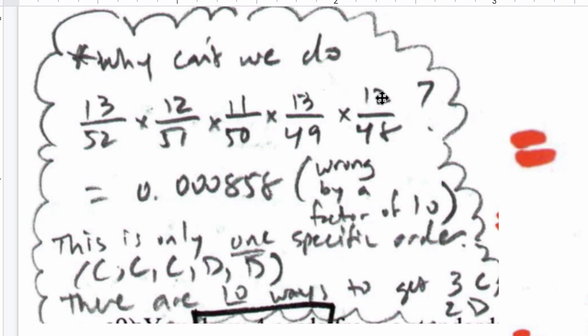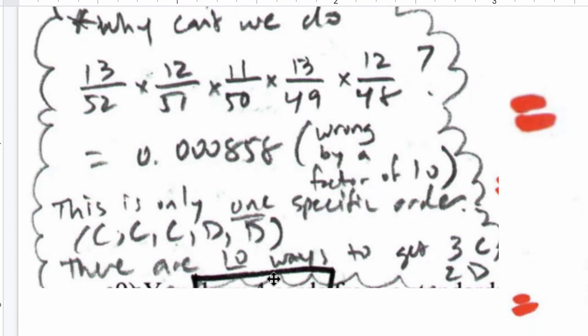There's 48 cards left, there's 12 left. And that would give you a number that's smaller. Why doesn't that work? The reason that doesn't work is because that's giving the specific order club, club, club, diamond, diamond. We've already established that order doesn't matter. And so you would have to calculate all the different ways: diamond, diamond, club, club, club; diamond, club, club. And so that's why this is not going to do it.